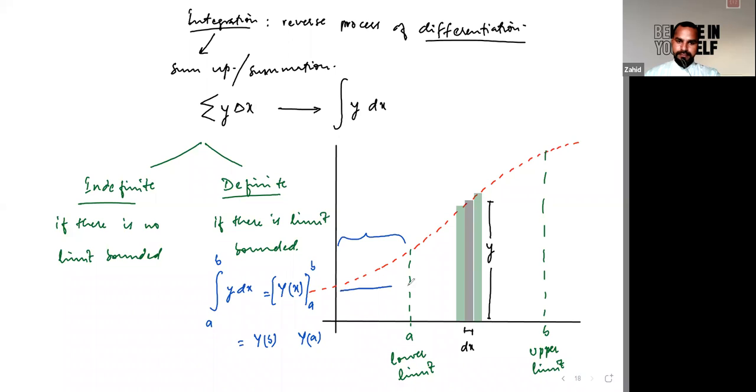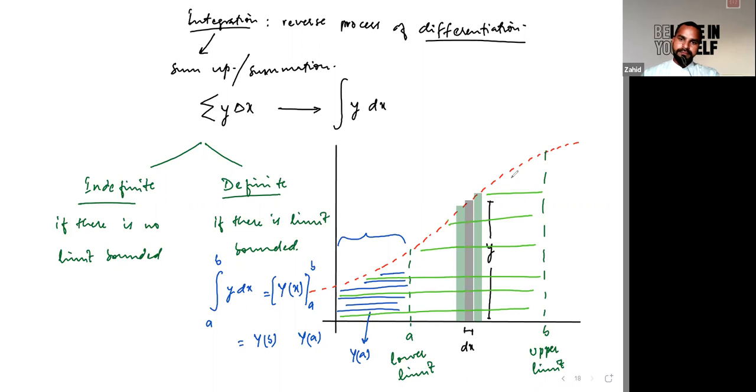Let's say this area will be nothing but y times a. Similarly, if you calculate area from this point to this point, like this, it will be termed as y times b from this point to this point.